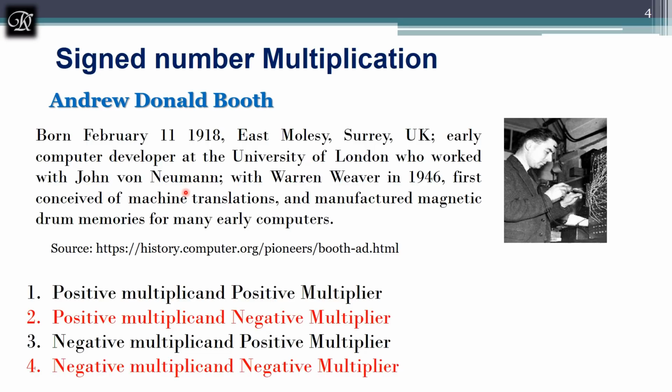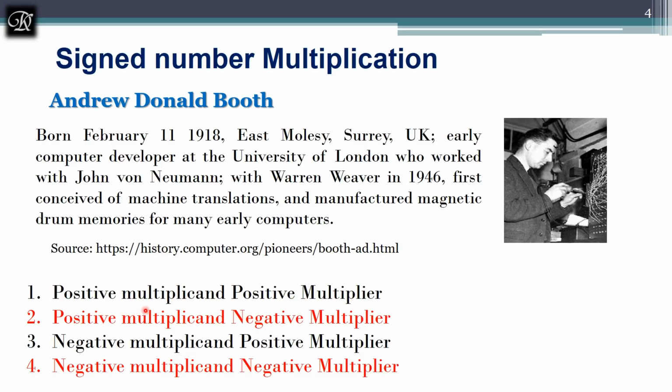If you go through the generations of computers, you will learn about his contribution to the computer world. He was among the team working with them, and he also gave a technique for signed number multiplication, where there are 4 cases.